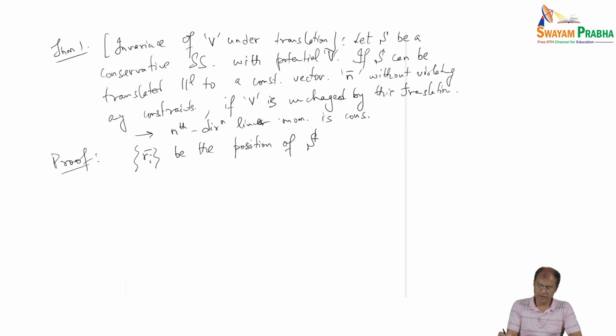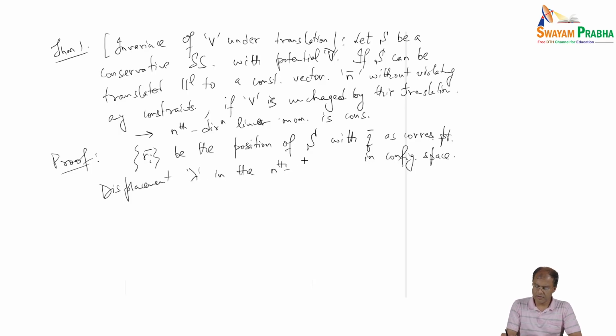position of S, with vector Q as the corresponding point in the configuration space, and let us say the displacement lambda in the nth direction is given by r lambda. So from r we will go to r lambda.